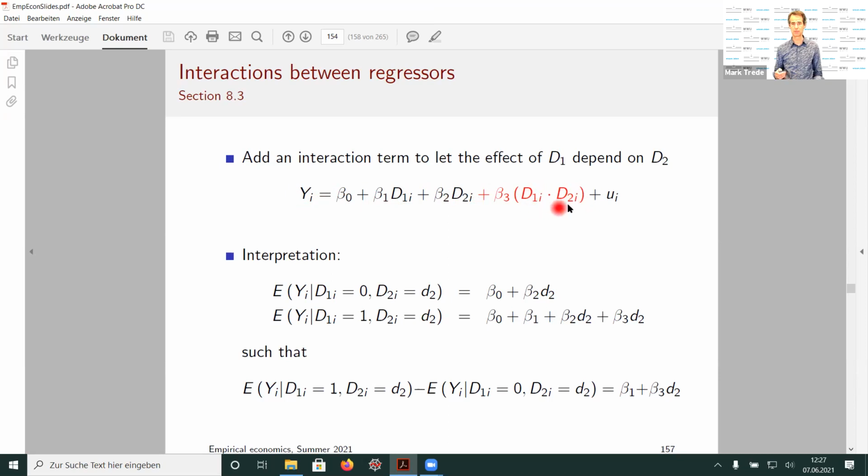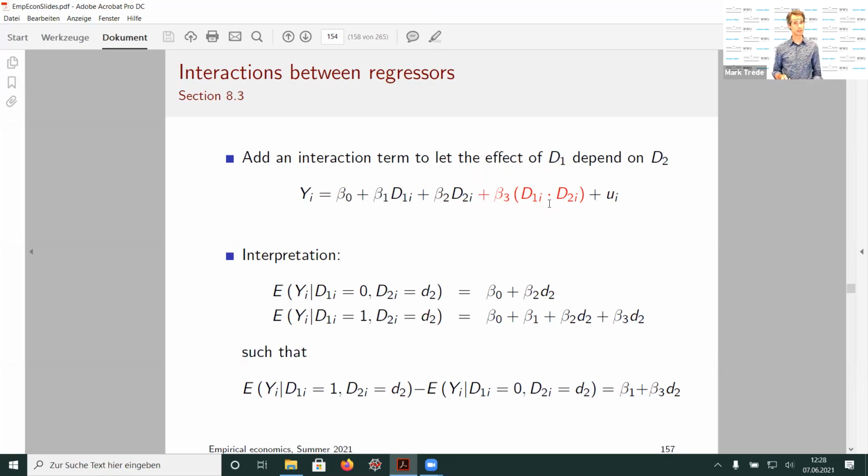So the term in brackets here, the product of the two variables, that's the interaction variable or the interaction term, and we have a slope coefficient which is attached to this interaction term. All right, so adding an interaction term means we add a new regressor, which is the product of two other variables. In this case, of the two other dummy variables.